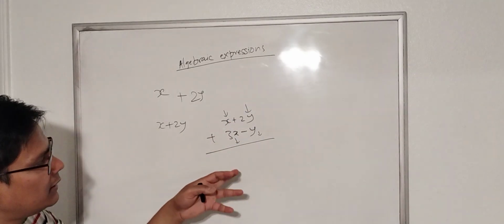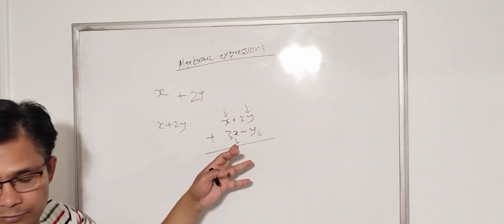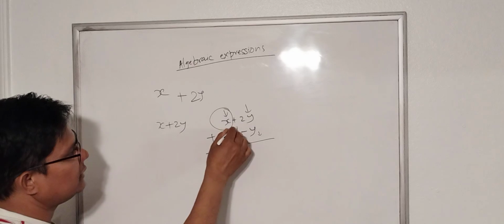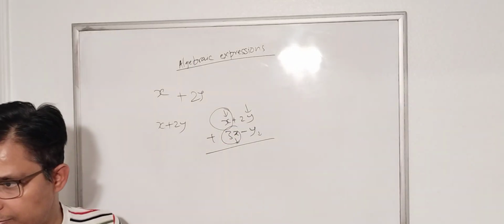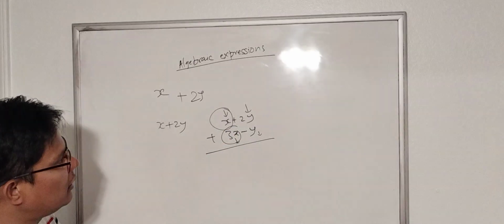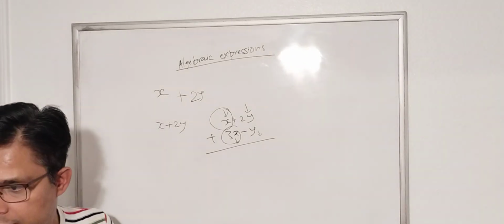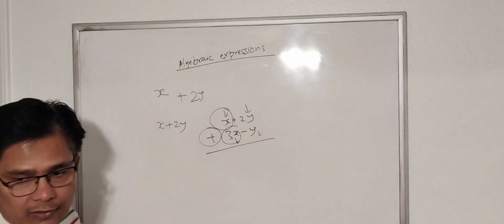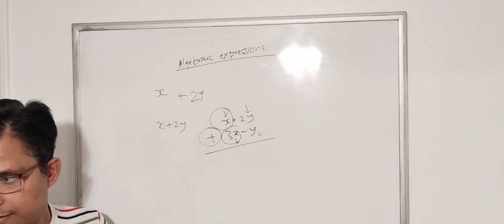So basically you have to find the variable terms, and the elements with the same variable will be summed or subtracted depending on the mathematical operation the question is asking.